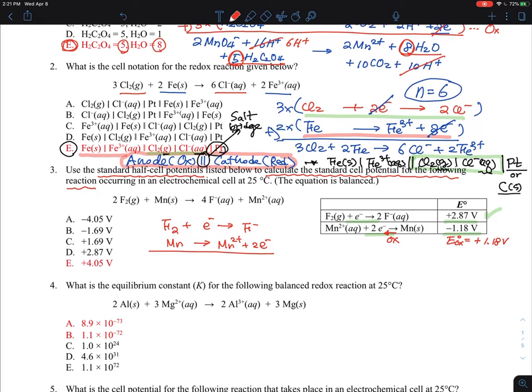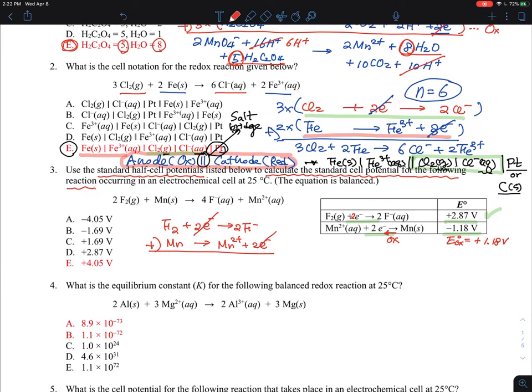In this case, I don't know what happened here. This one should have been written with 2 electrons, so that's why I got confused. Okay, 2 electrons. So this is the correct reaction that's supposed to be written this way. And then you need to add them up, right?